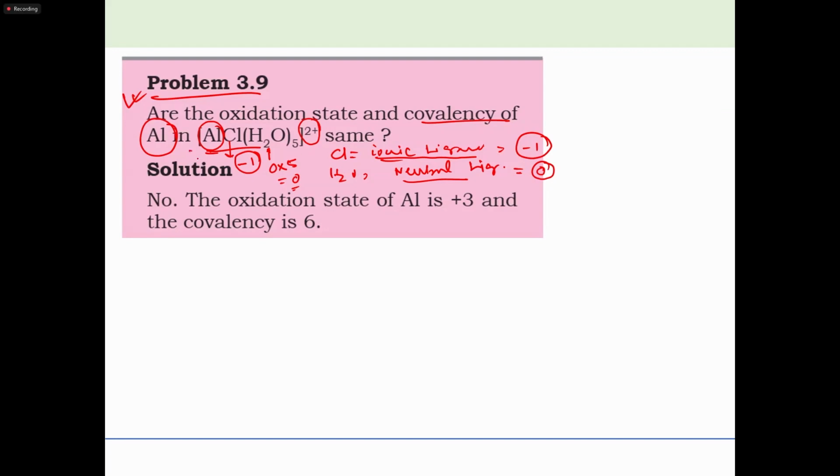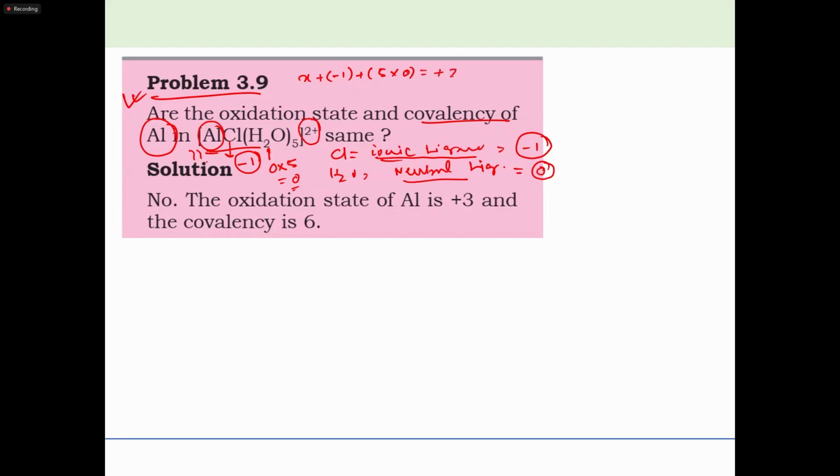But what is the oxidation state of this aluminium? To calculate it, you have to write it down here. Suppose I consider the oxidation state of aluminium equal to X. So X plus minus 1, this minus 1 for chlorine, plus 5 into 0 for water, equals plus 2, the charge.